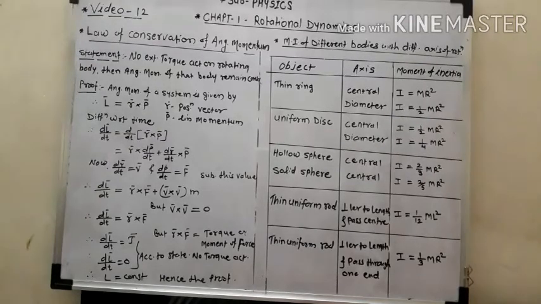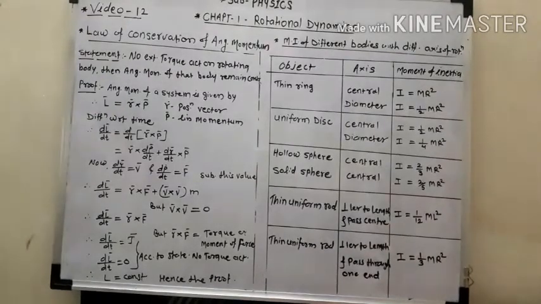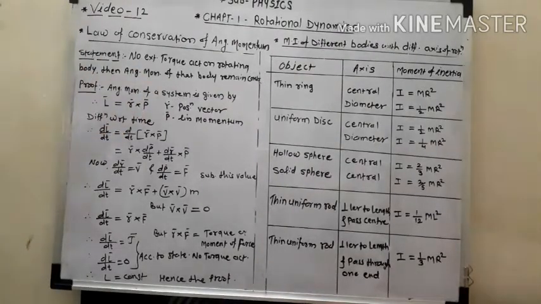If no external torque acts on the rotating body, no external torque is very important, then the angular momentum of that body remains constant. It should remain conserved. This is the law of conservation of angular momentum.